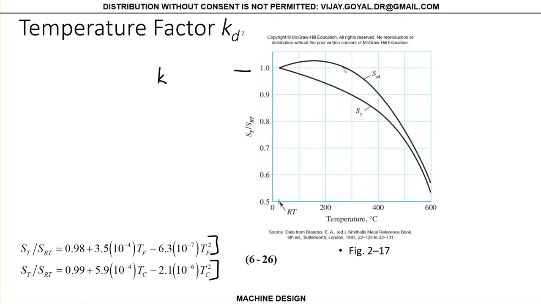So if it does go above 1, I would default this factor to 1. You always want to make sure it stays at 1 or less. Most of these factors that we did, I should warn you, are equal to or less than 1. That should be the criterion you keep in mind. So you know what your temperature is, plug in the numbers, and that's the value that you get.